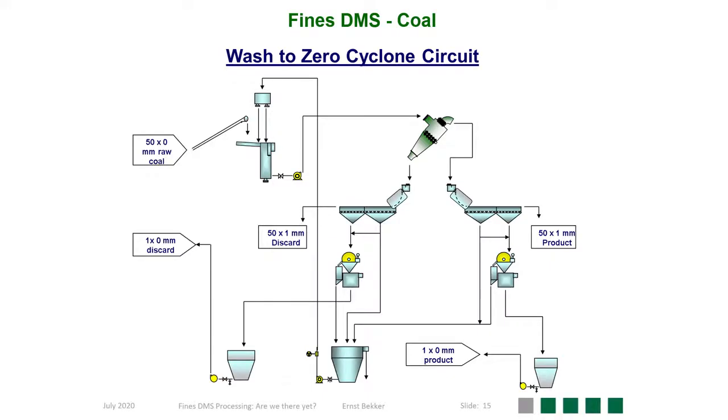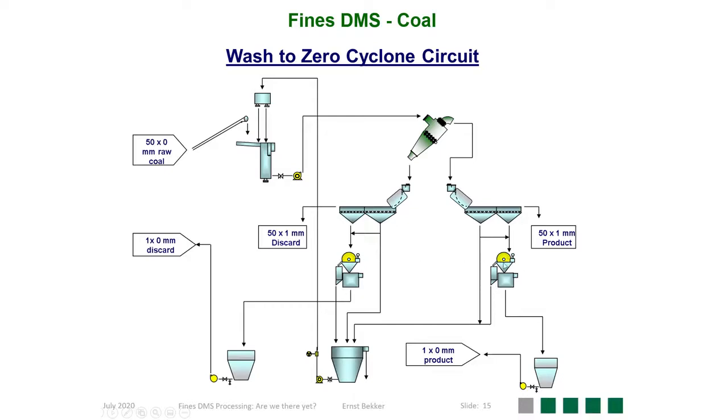Next, I'm moving on to some flow sheets that have been developed over the years. The first fines dense media process flow sheet consisted of a normal dense media cyclone and the drain sections of each process reported back to the correct medium tank, and the rinse sections went separately to two separate magnetic separators.